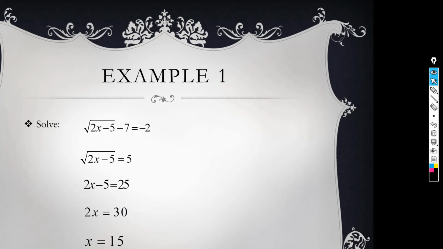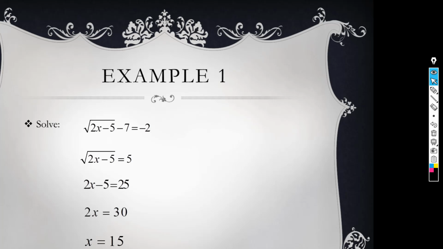Sometimes when you square both sides, it could turn out to be a quadratic. Quadratic equations in general have 2 distinct solutions, or 1 repeated solution, or no real solution.